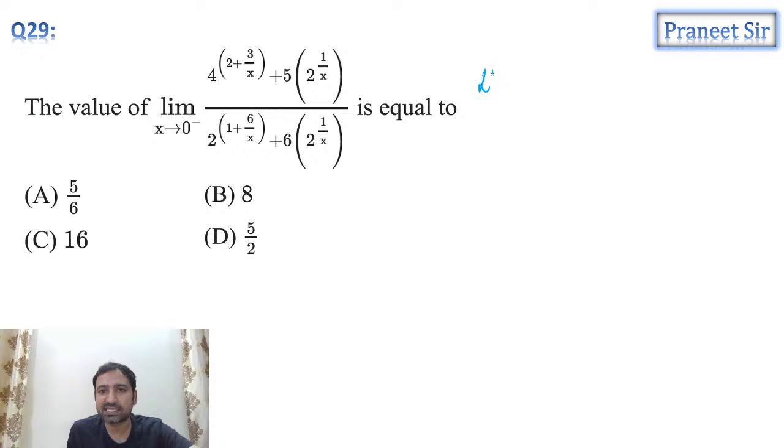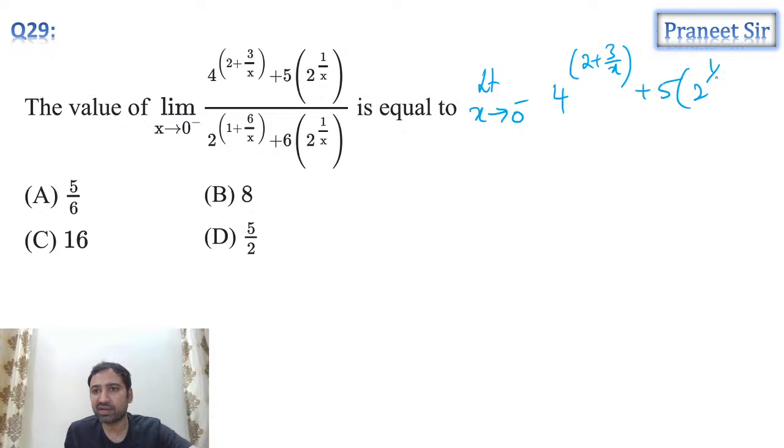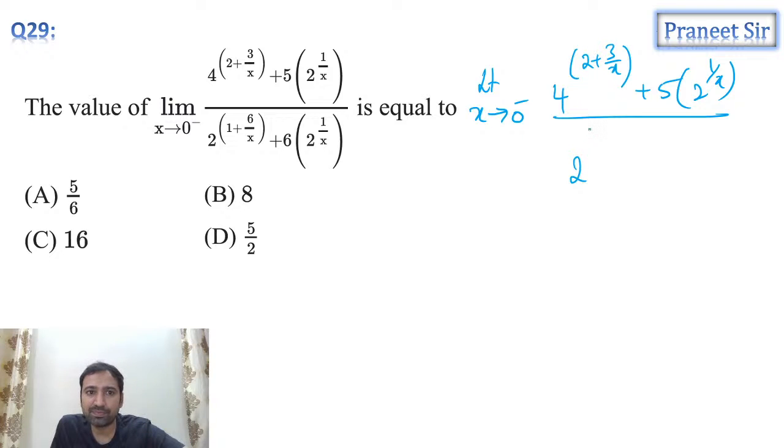So limit x tending to 0 minus, (4 power 2 plus 3 by x plus 5 into 2 power 1 by x) by (2 power 1 plus 6 by x plus 6 into 2 power 1 by x).